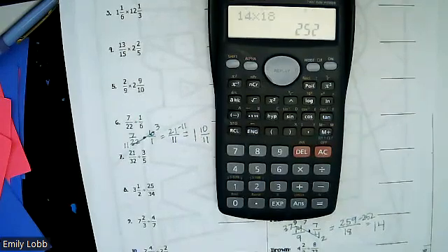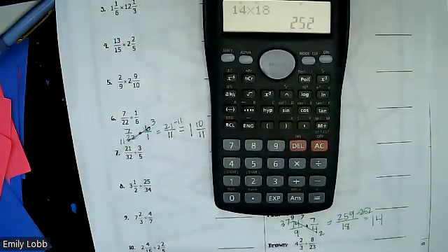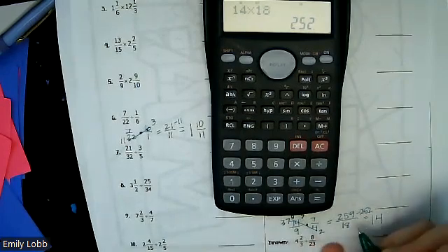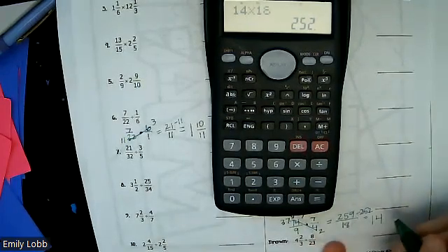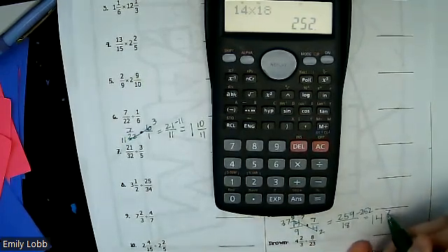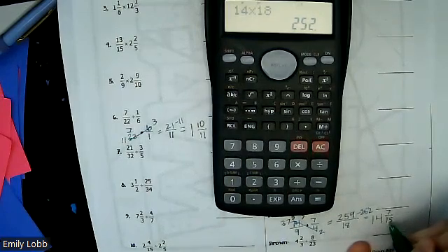So you can see it? Because you should see what I'm doing on the calculator so you can be practicing with me. So 259 minus 252 is 7. A remainder of 7 out of the 18.